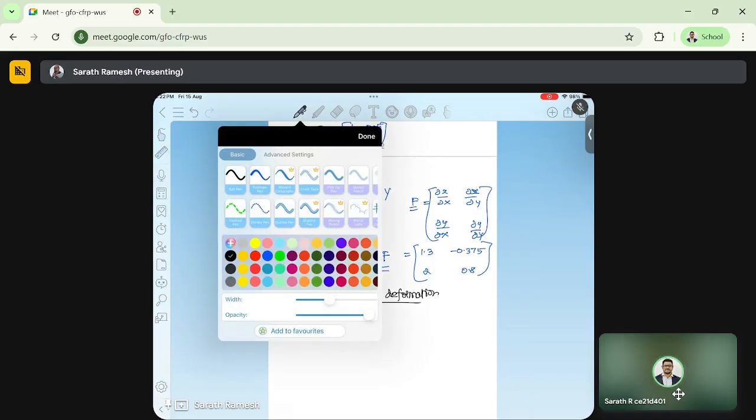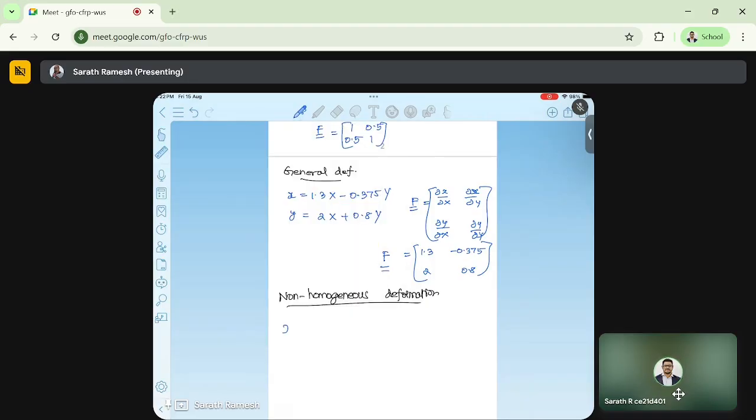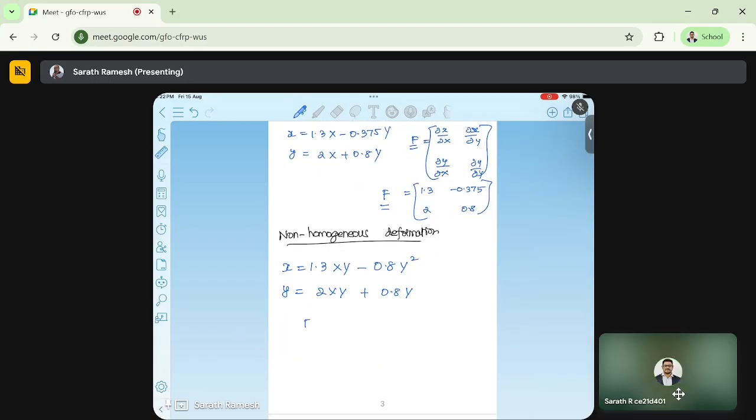Say suppose you have x equal to 1.3 XY minus 0.8 Y squared, y equal to 2XY plus 0.8 Y. Okay, now what will be F?